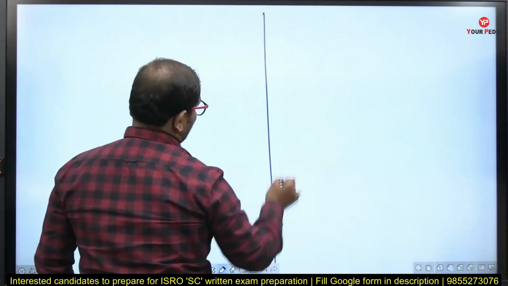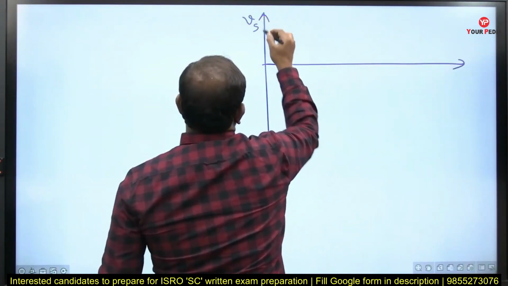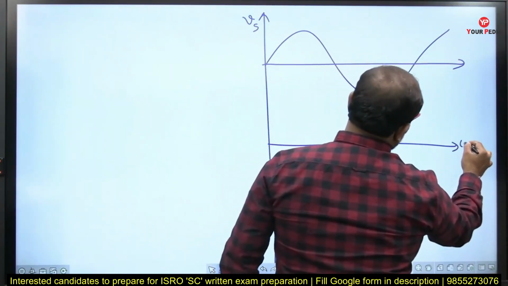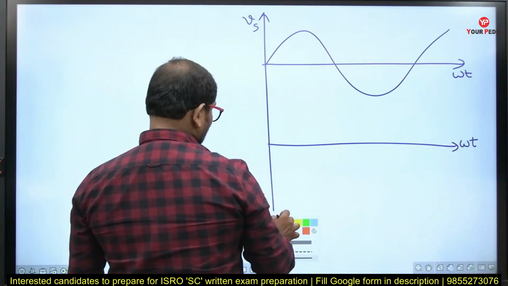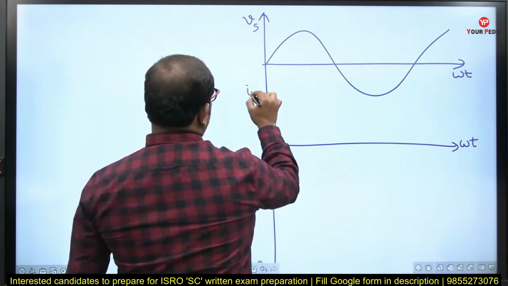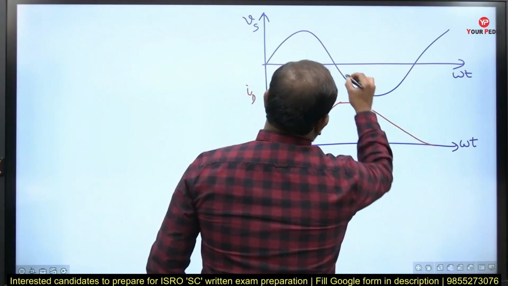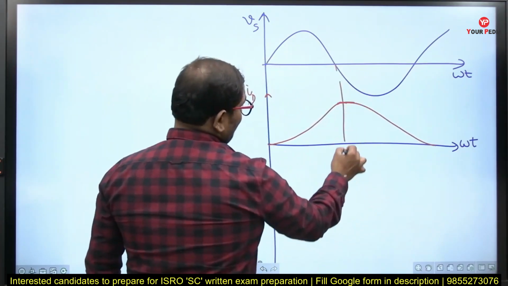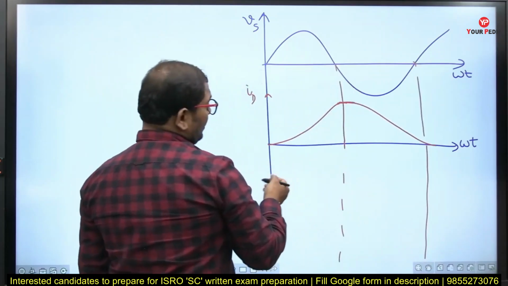So first let's draw the voltage across the diode waveform. To get it, first let us draw the source voltage, then draw the current waveform, because we know the current waveform, right? The current waveform of the diode looks like this. So this is the current waveform. Means the diode is carrying current over 360 degrees.